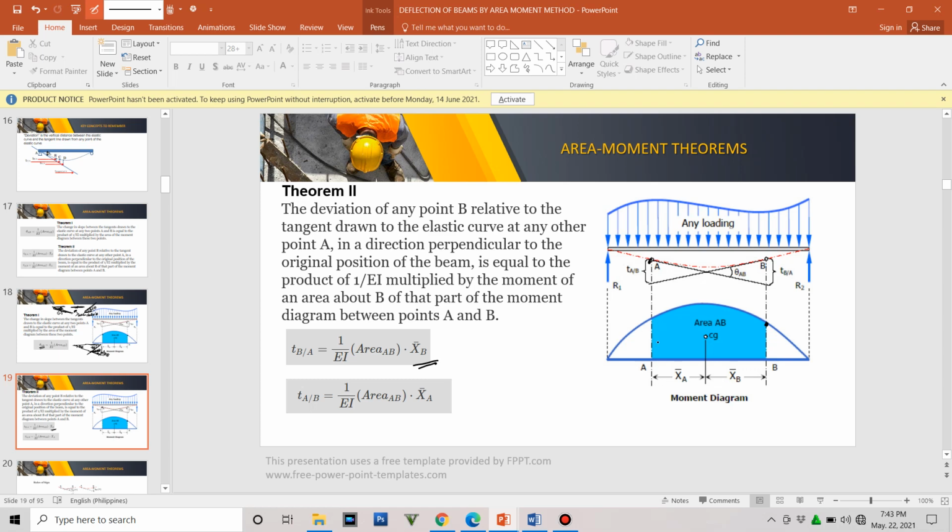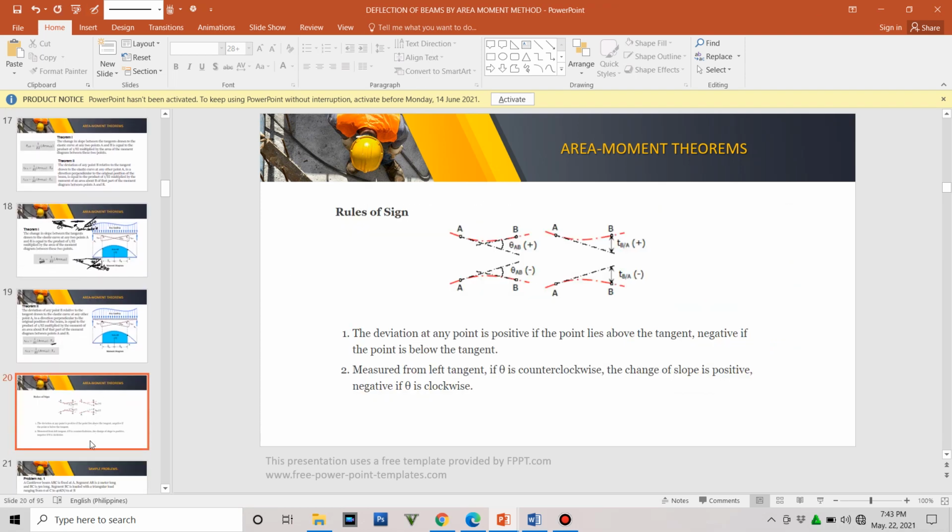Okay? So, that is what Theorem 1 and Theorem 2 are all about. So, madali lang to if we have mastered moment diagram by parts.